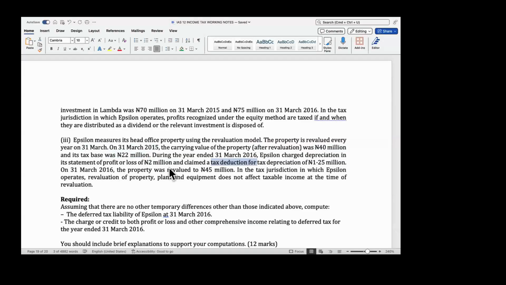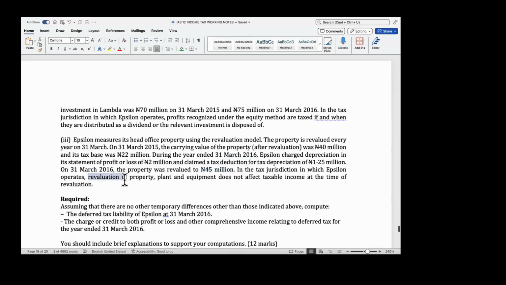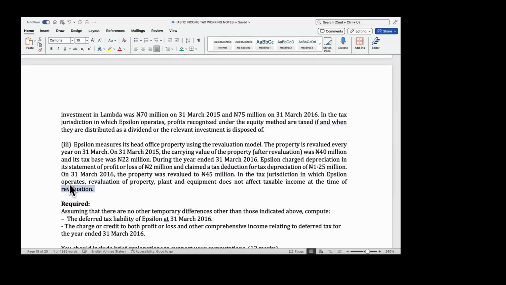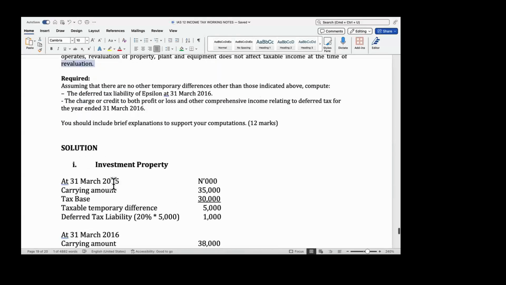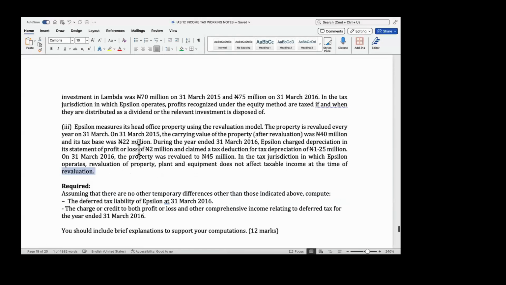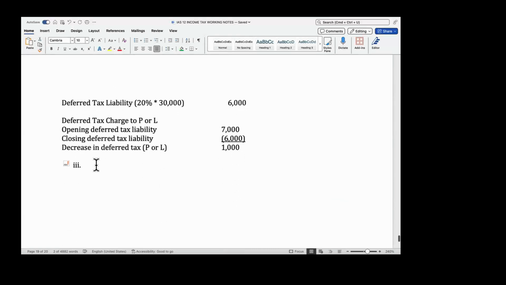So in March 2016, the property was revalued to 45 million. In the tax jurisdiction in which Epsilon operates, revaluation of PPE does not affect taxable income at the time of revaluation. Okay, so we are talking about office property here.